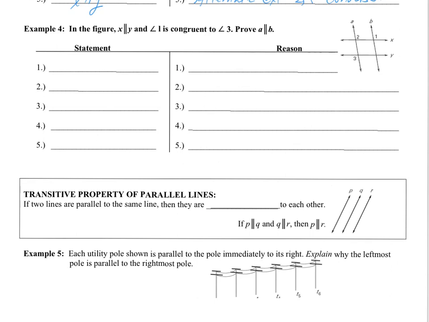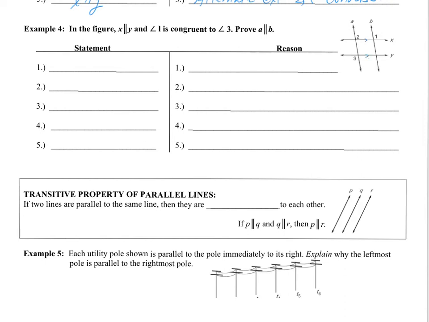Now I would like you to pause the video and take a moment to try example 4 on your own. And then continue to play the video to watch how I prove this statement and then compare. Example 4. In the figure, x is parallel to y. I'm going to mark that in the picture.